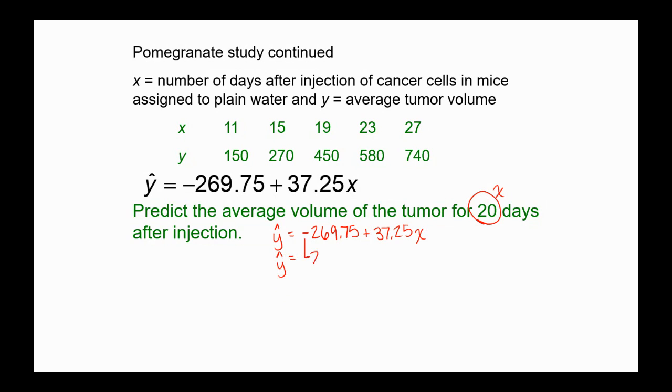Y hat equals negative 269.75 plus 37.25 times 20. And if we type this in our calculator, what would we get for the tumor size?